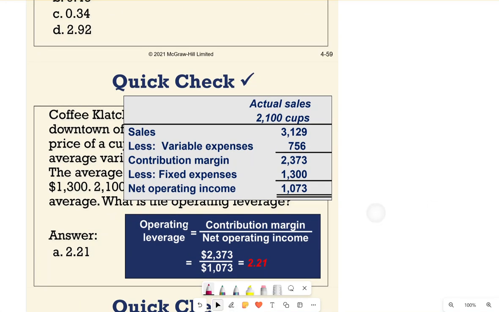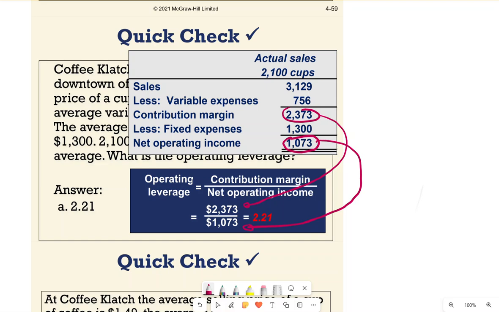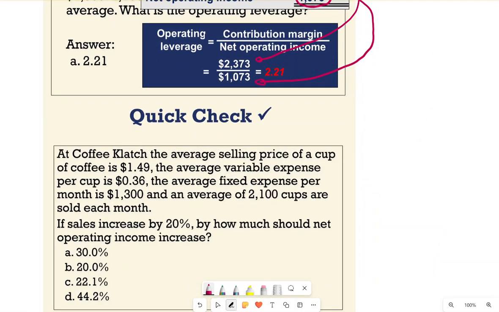So you have your net operating profit, and you have your contribution margin. The top number is your contribution margin, the bottom number is your operating income, and that gives you operating leverage. You need the operating leverage to find out, if there's an increase in sales, how much the operating income will increase.